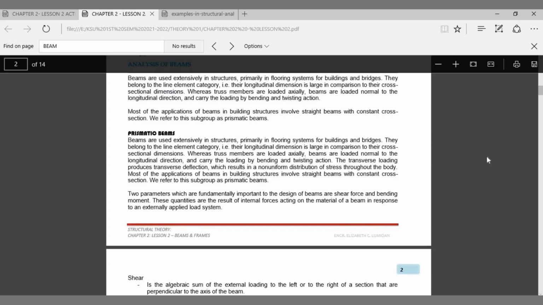When we say prismatic beams, the entire length of the beam is made of the same material, so they have the same properties. Their areas may not be the same, but in terms of moment of inertia and other properties, they are the same. So that is what we call prismatic beams.